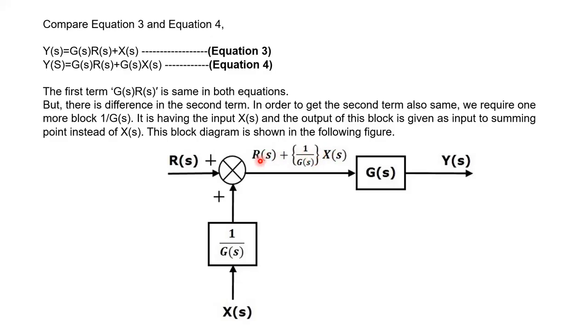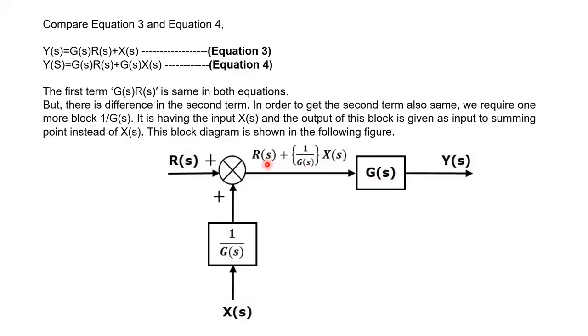And this error signal will be treated as an input for the block. This block has gain G(s), or transfer function G(s), and will again multiply this term with this term to get the output, because transfer function multiplied by the input is equal to your output.